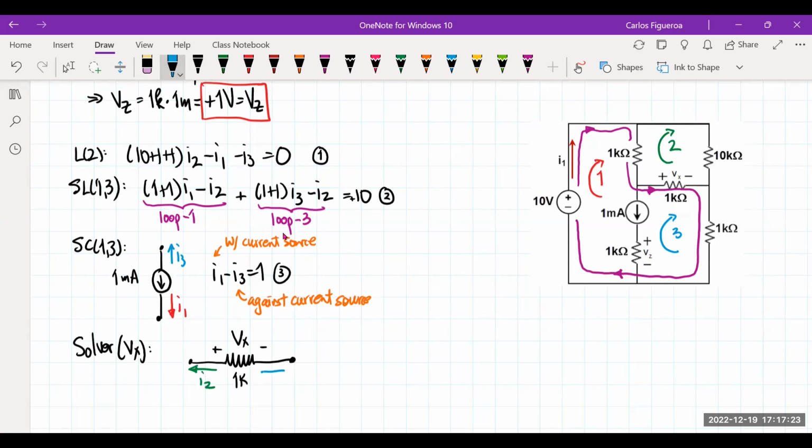This direction is current I3, and you can see that I3 is in the same direction as the polarity of Vx. So according to Ohm's law, Vx is going to be the resistance, which is 1, times the difference between the currents, I3 minus I2.